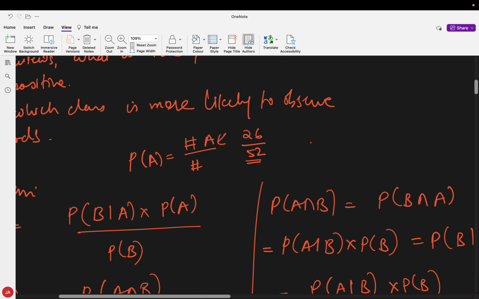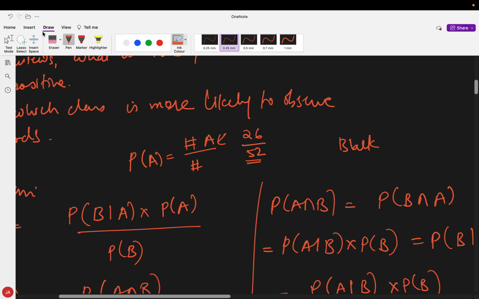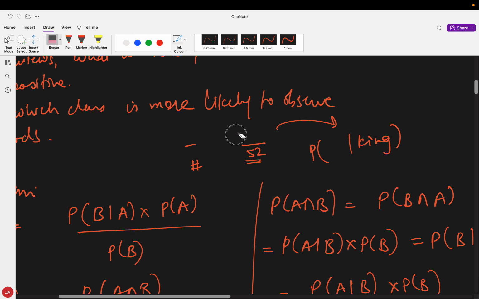But if I know my card is a king, now what is my updated probability? So how much am I reducing the probability? That is known as the conditional probability or the posterior probability.